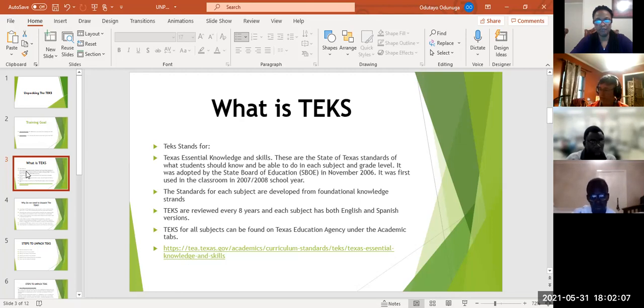The standards for each subject are developed from foundational knowledge and skills. It depends on the subject that we're talking about. So the strands and the standards are developed from the foundational knowledge for each subject, what students should know and be able to do at each grade level.